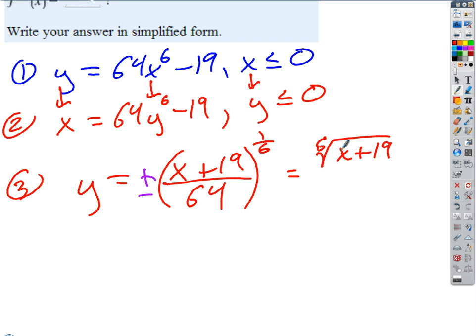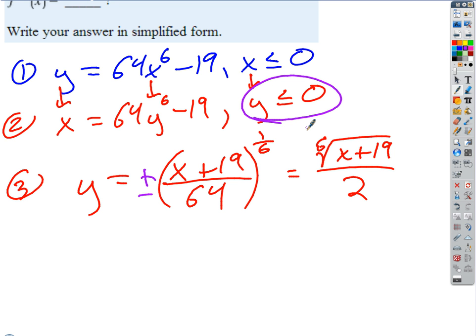But on the bottom, I've got the 6th root of 64, which is what? 2. Okay, now what about the plus or minus? Look at this restriction up here. We're told that Y has to be less than or equal to 0. This answer is positive, isn't it?